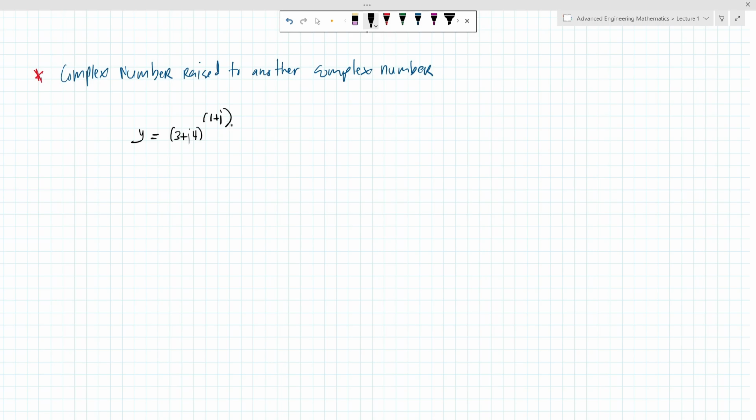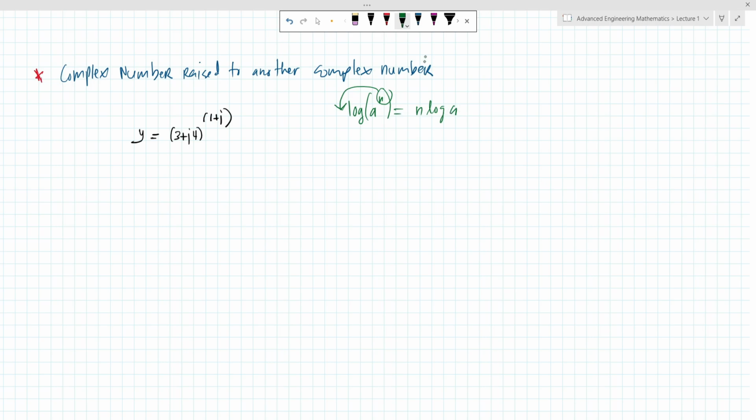I remember that in our logarithm, if you have, let's say, a raised to n, and then you take the log of that, the exponent will become the coefficient of the log. So that is the same as n log of a.